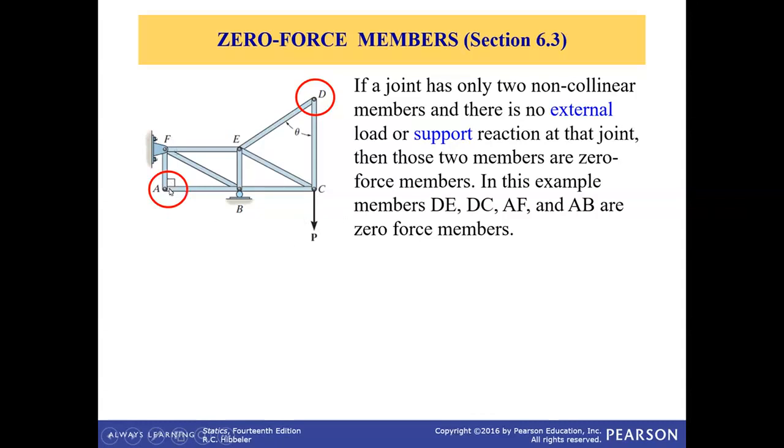So for this given truss, members AF and AB plus members DE and DC, they are all zero force members. It means the force within those members is neither tension nor compression, it's exactly zero.